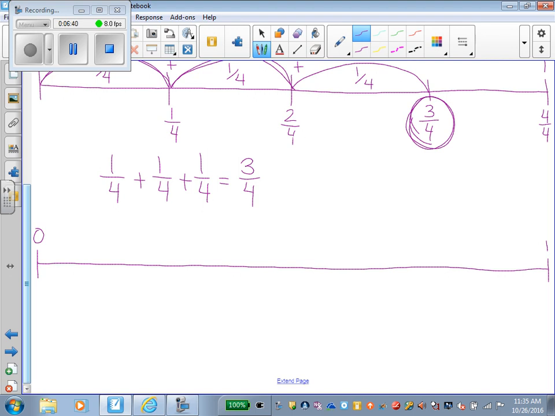Jake. Eighths. Think of fourths, and then divide those fourths into half. And you should have a total of 8 lines after that 0 endpoint.